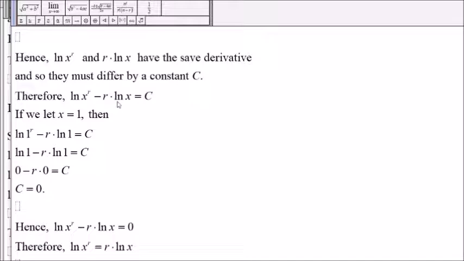And so this equation now becomes ln x^r minus r times ln x is equal to 0. And therefore ln of x^r is the same as r times ln x. And so this is called the power rule for natural log.